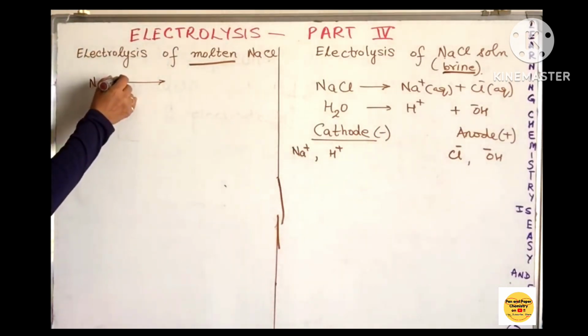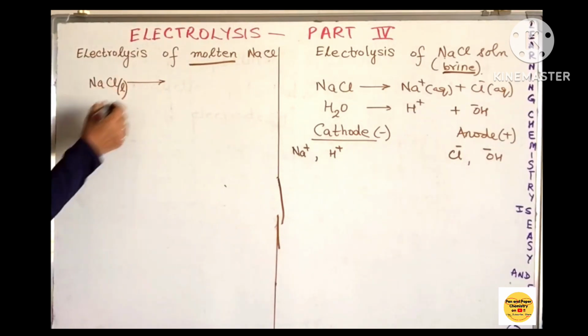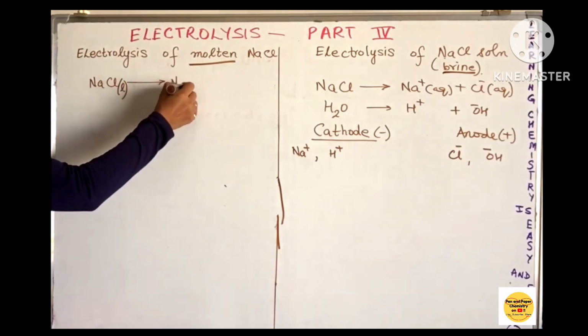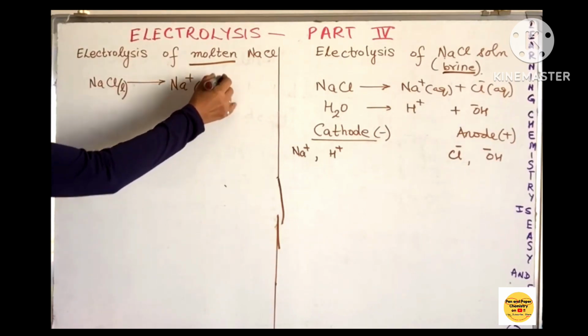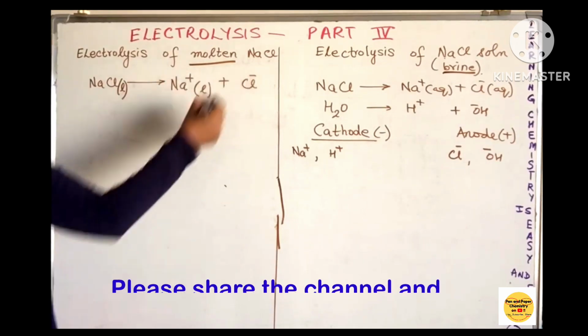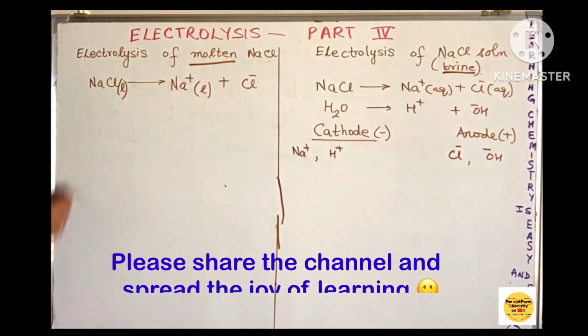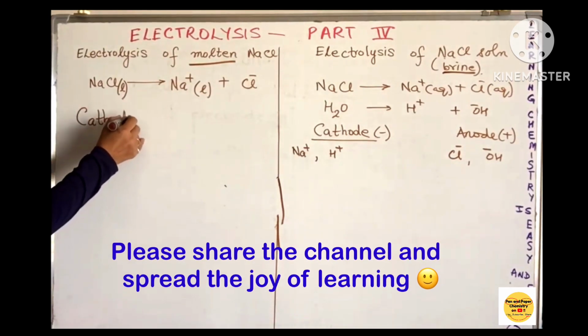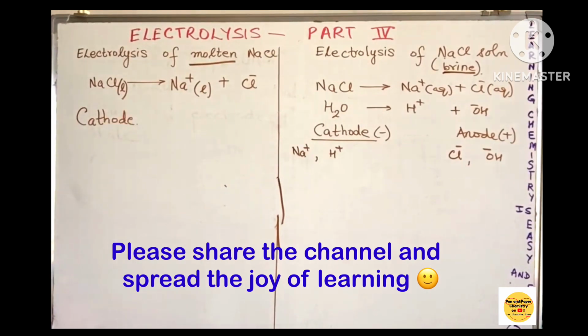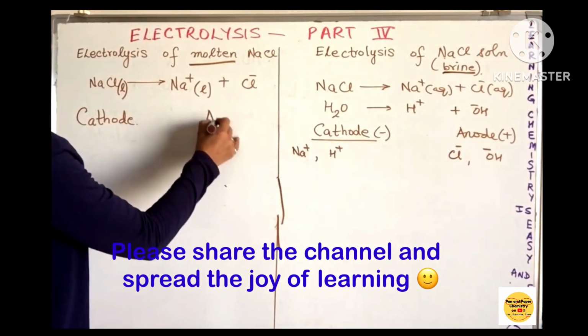Sodium chloride, it's in the form of a liquid. When it is turned into the liquid state, we'll have sodium ions and chloride ions. We talk about the cathode and the anode, so we will take inert electrodes over here like carbon in the form of graphite.